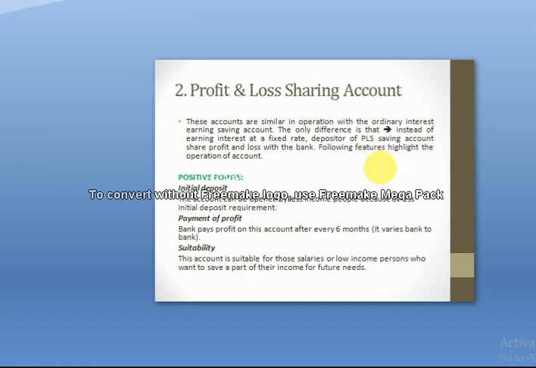And the bank invests these savings in non-interest areas of business, like Musharika and Mudariba. Profit and loss sharing account is just like Musharika and Mudariba.